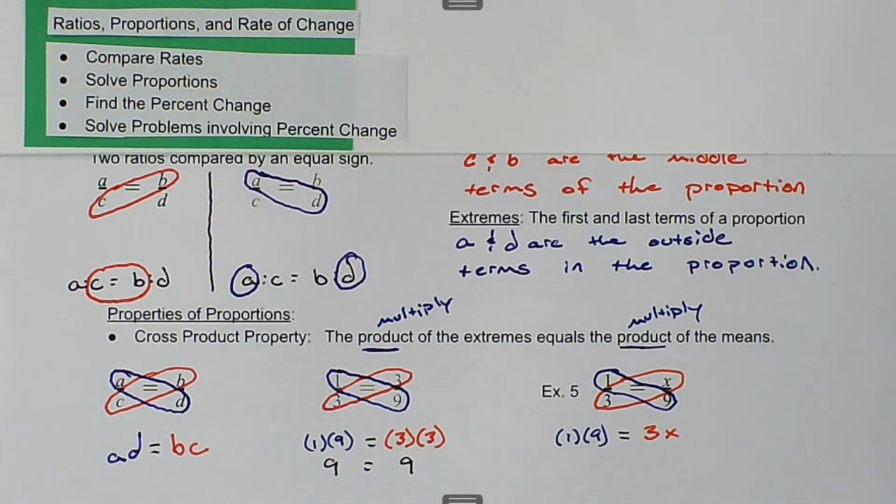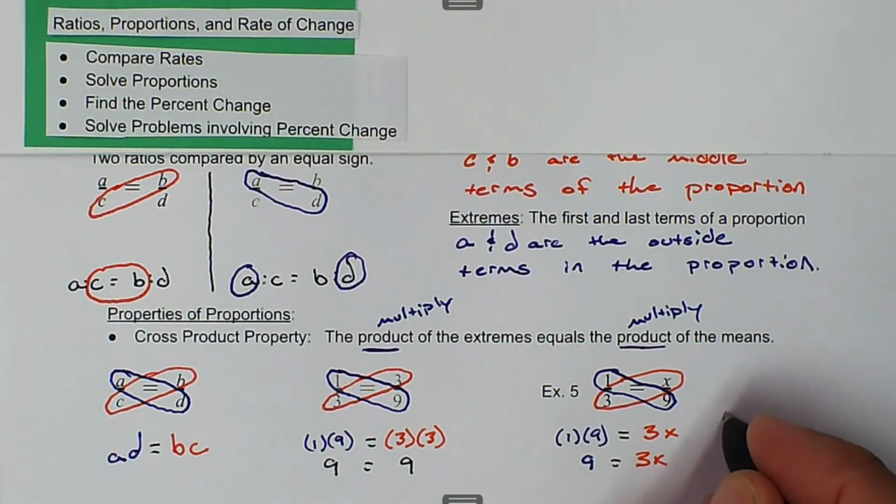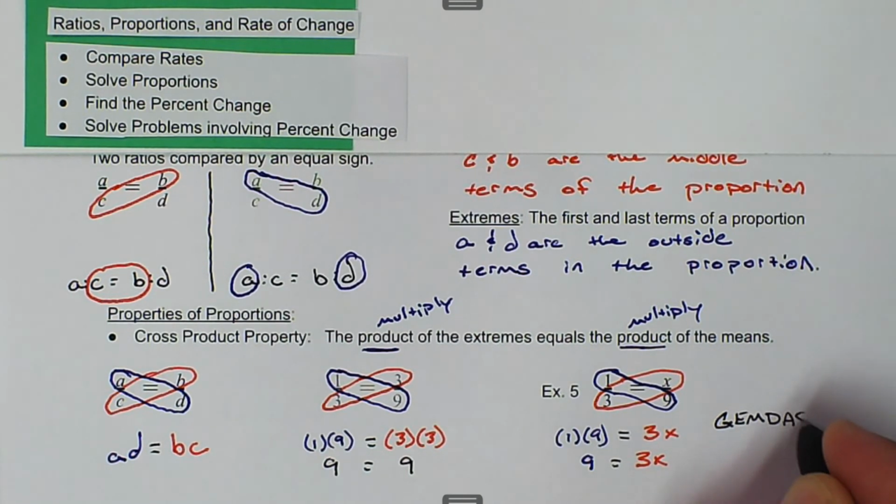So how do we get x by itself? Well, 1 times 9 is 9, and that is equal to 3x. So what operation do we have on the right? We're going to use PEMDAS because we're solving right now.